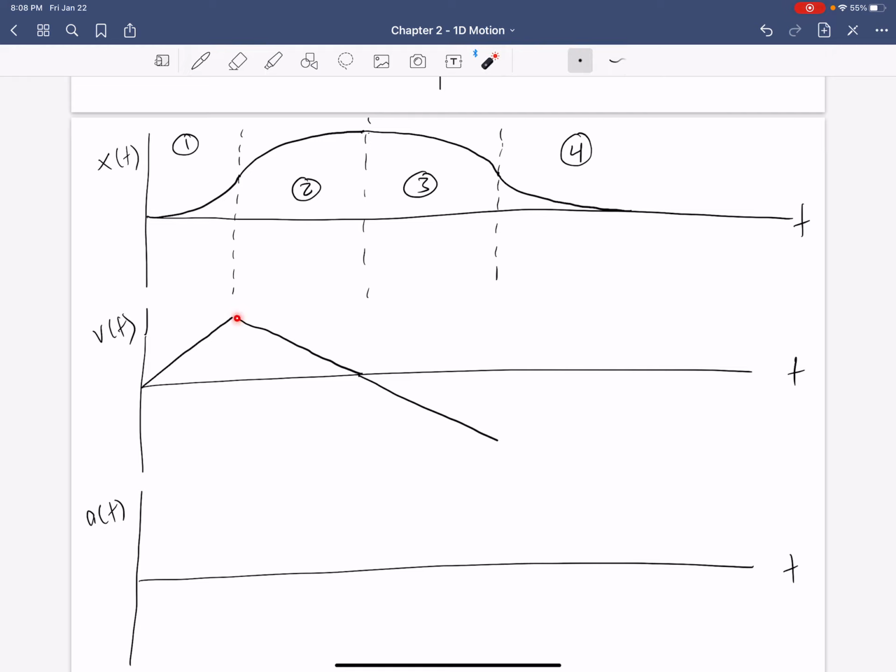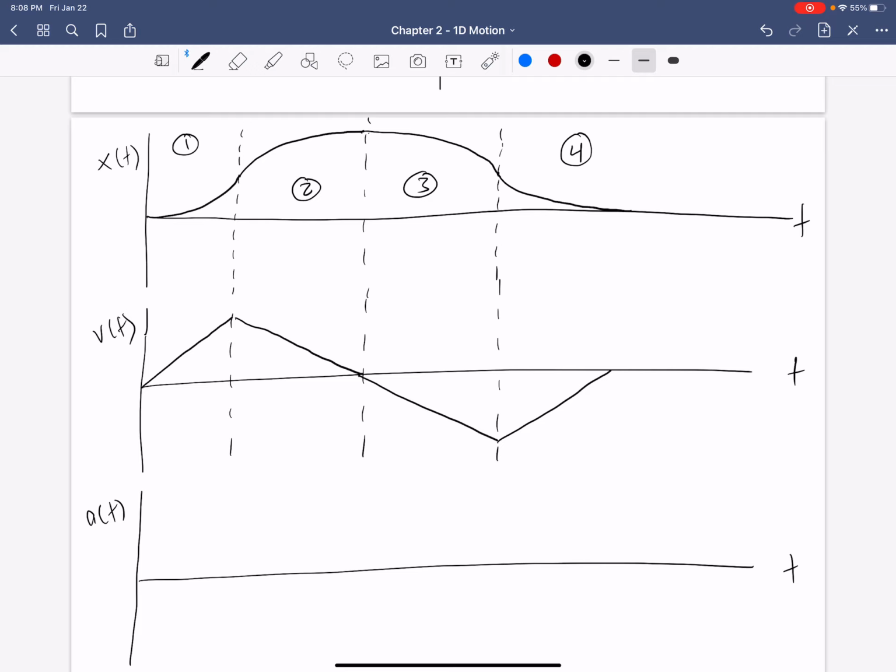It's one solid straight line, assuming that, of course, this is a nice continuously uniform curve. But for right now, that's a straight line. It's just going from the positive side to the negative side, right? And then in section 4, we are decelerating or slowing down to a stop in the negative direction to 0. Okay? Something like that.